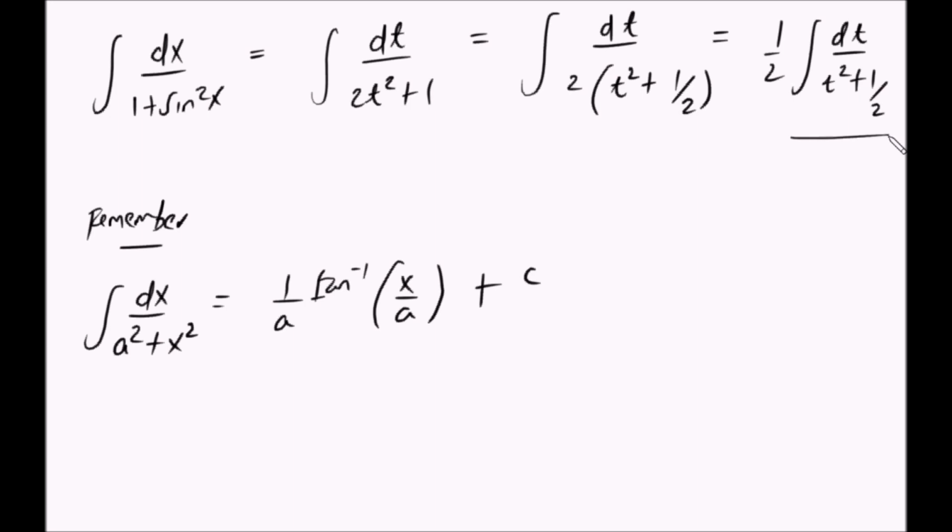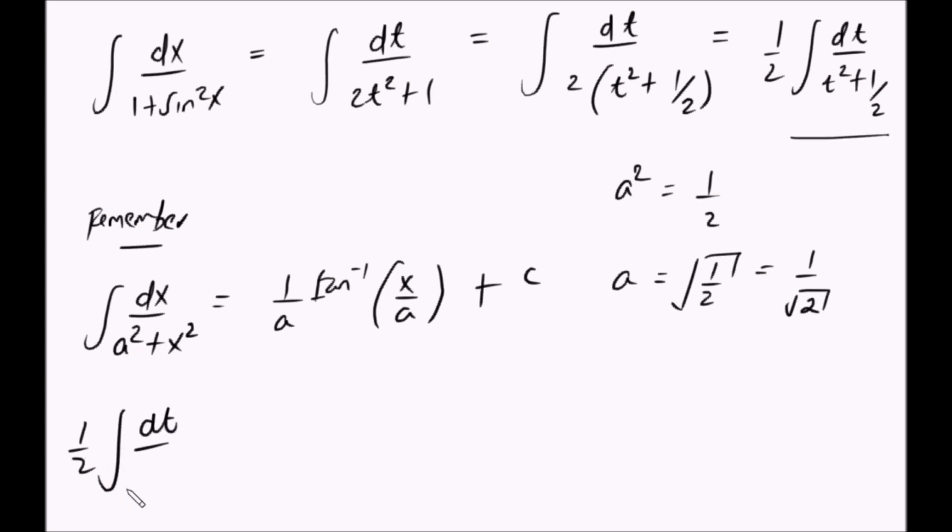So now I integrate this one. If you look at this one now, a squared yetu ni nani? Ni 1 over 2. Manake a atakuwa ni the square root ya 1 over 2 ambayo ni 1 over the square root of 2, kama hivyo. So nikiintegrate mambo yetu hapa, hii 1 over 2 dt 1 over 2 plus t squared.